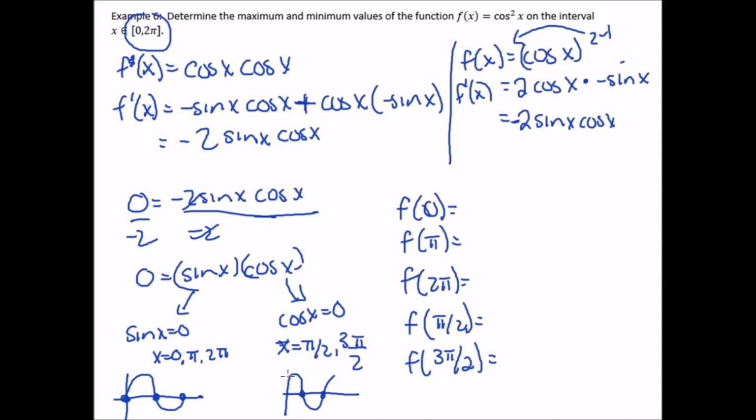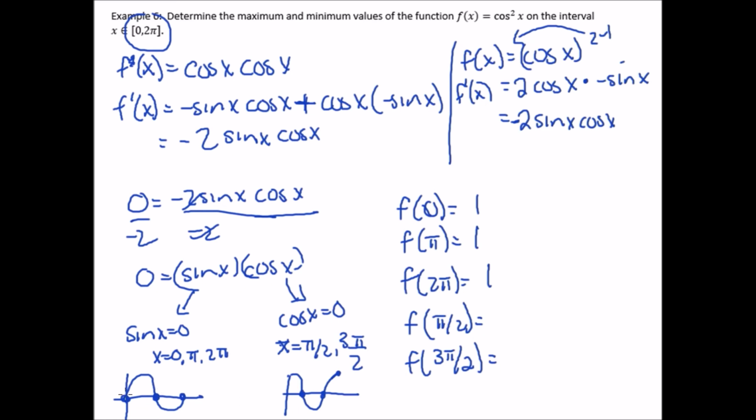Well, cos of 0 is just 1, so that's just 1. Plug in pi for cos, we get -1, so -1 squared is just 1. When we plug in 2 pi for cos, that's just 1. 1 squared is 1.